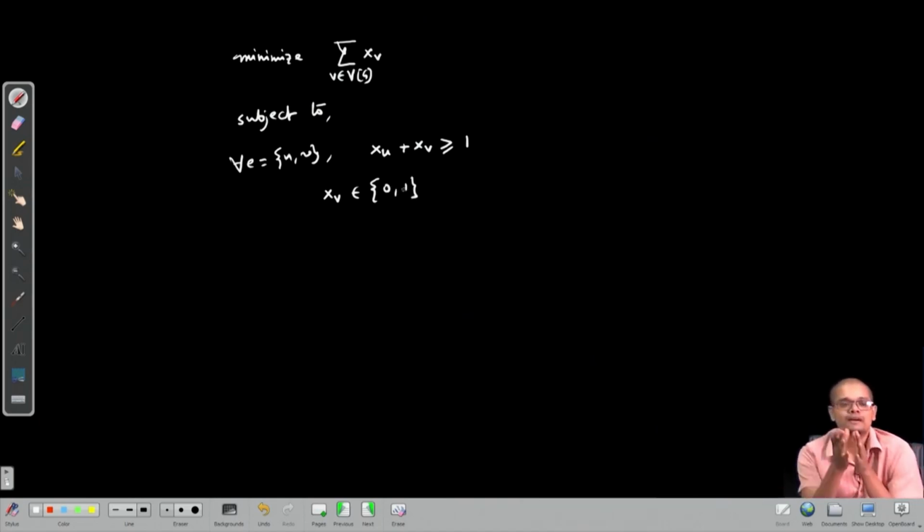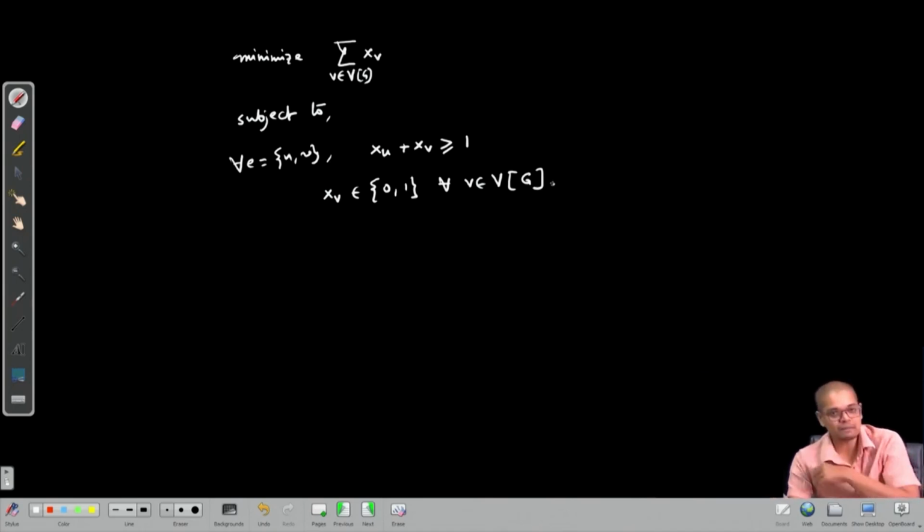In a linear program, variables take value in a real interval, but in an integer linear program, variables can take value only in integers. So this is for all v in V(G). This is an ILP formulation of the vertex cover problem.